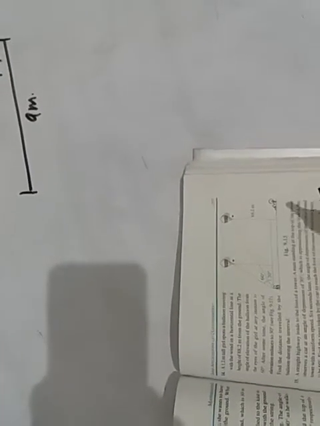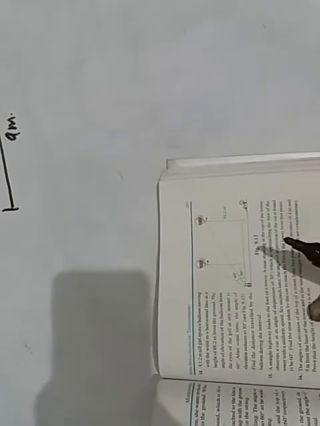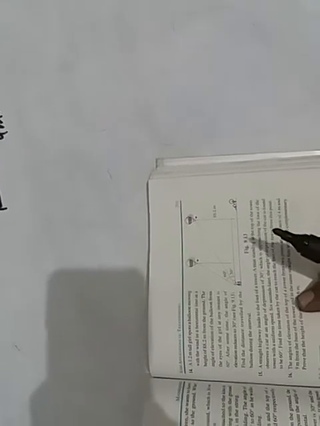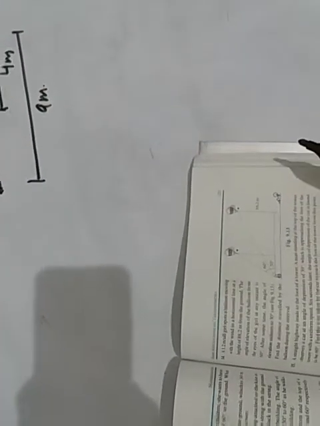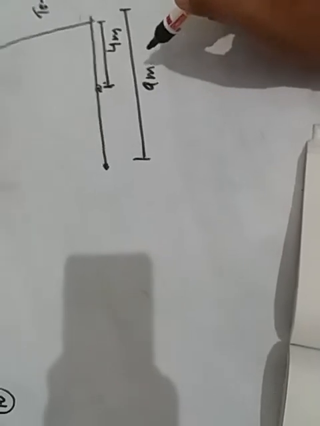So the angle of elevation of the top of a tower from 2 points at a distance of 4 meter and 9 meter from the base of the tower, and in the same straight line, both the points are there, with it are complementary, children. Okay, children? So they are complementary. Prove that the height of the tower is 6 meter.